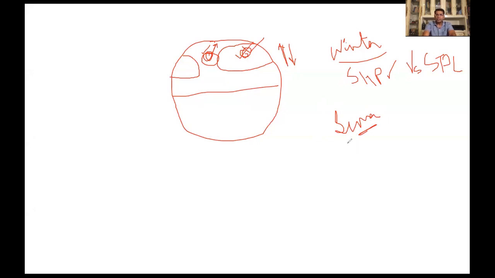So in the summers, the subpolar low pressure, because of its weakening and because of its northward shift, is not contrasted with the continental high pressures. In any case, the continental high pressures have weakened in many places.